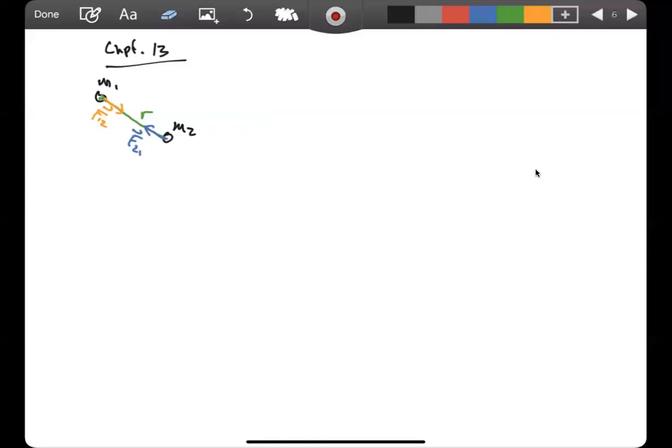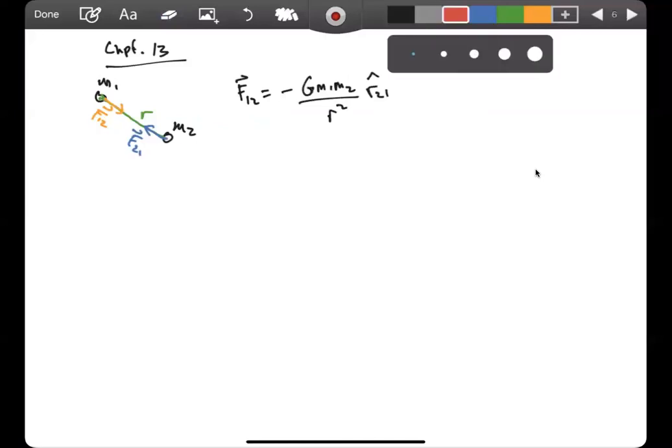So Newton's universal law of gravity says that the force on 1 by 2 is equal to negative G M1 M2 all over the distance r squared in the r2 hat direction, where the r2 hat direction is the unit vector which points from the second to the first. So F12 is in the opposite direction of that.